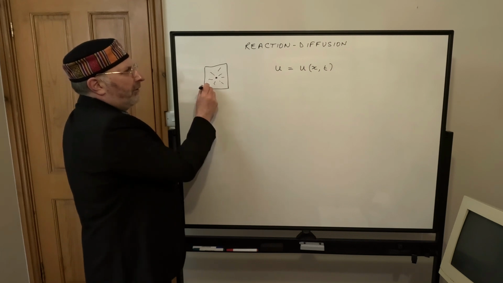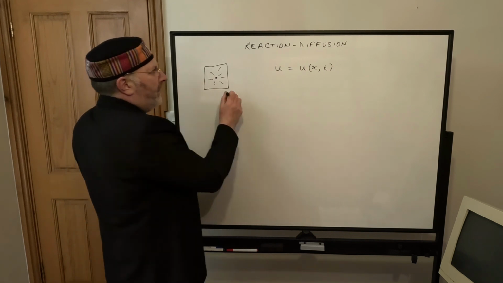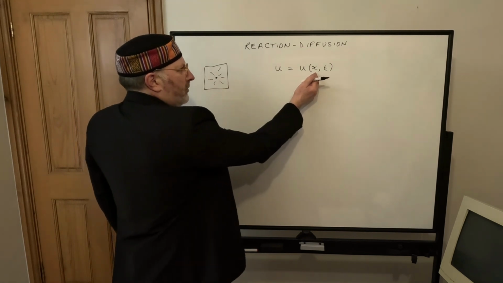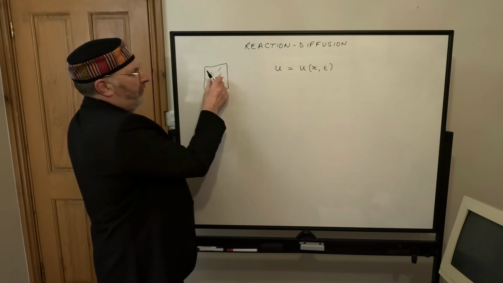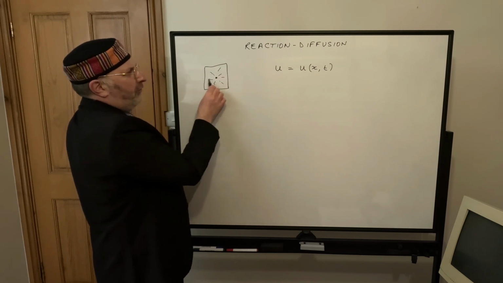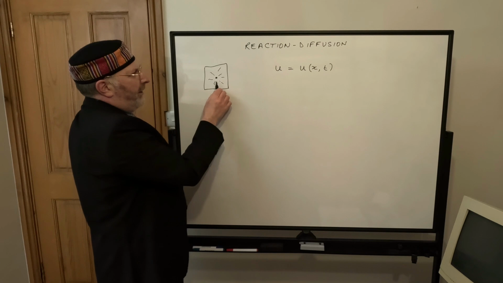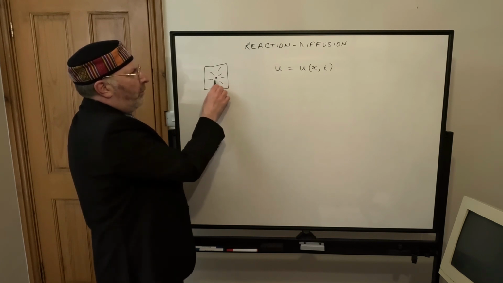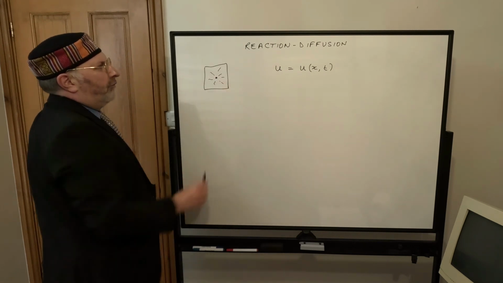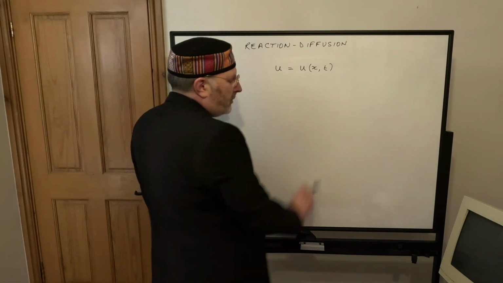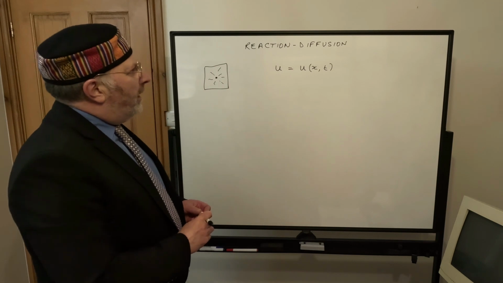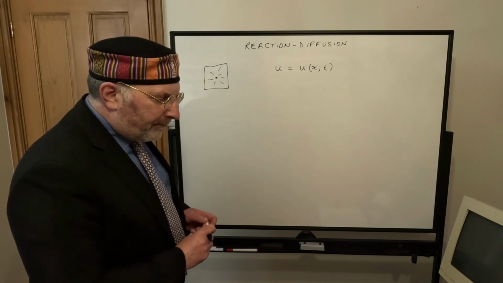So the concentration is 0 or low. So that's saying that U depends on X, the position. But over time, as the ink spreads out, the concentration increases in all the other areas and decreases where it was first dropped in. So U is a function of both position and time.